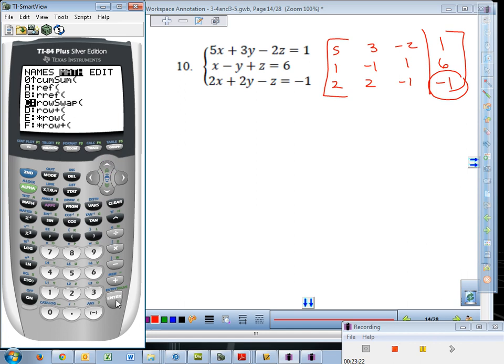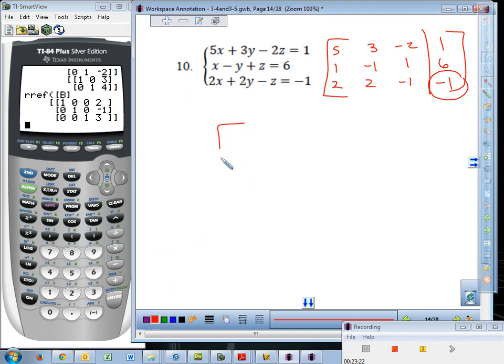So choosing option B, reduced row echelon form, it's waiting for a matrix. Which one do we want to put in it? So we got to go to second matrix and hover over B right here with our cursor and hit enter. And it's sitting there waiting for me to do it. And boom, there it is. Write down that reduced row echelon form matrix. Please let me help you if you're lost in your calculator.